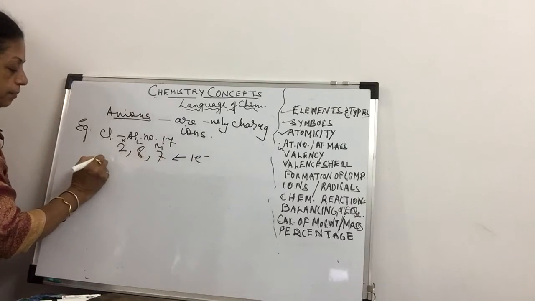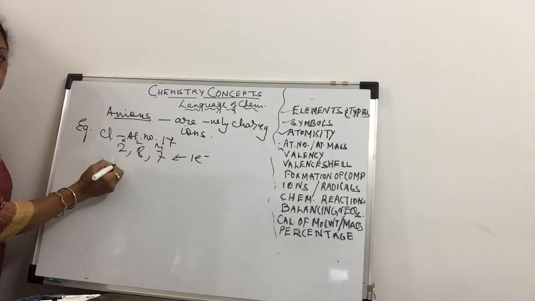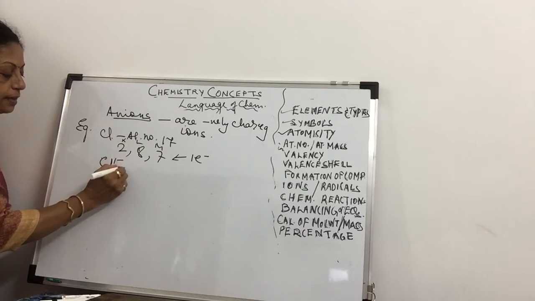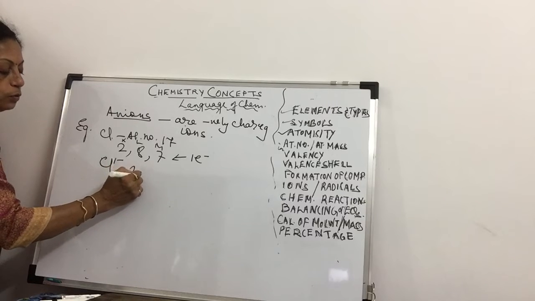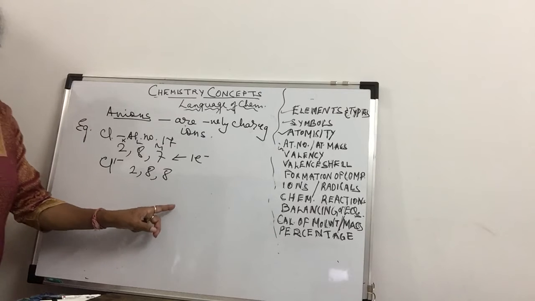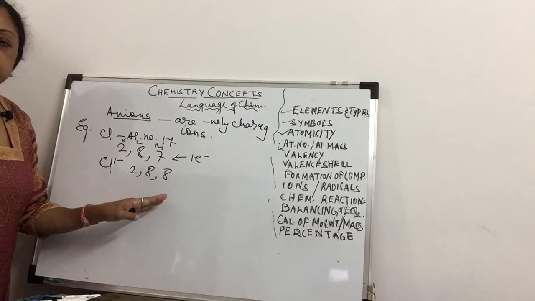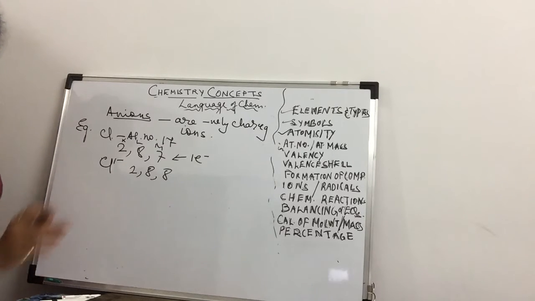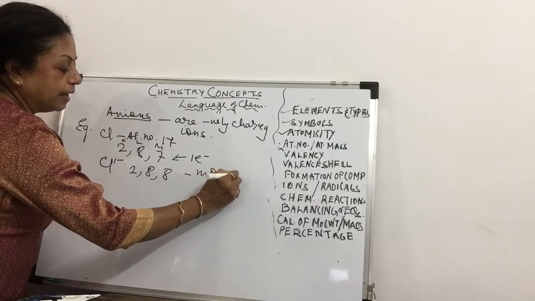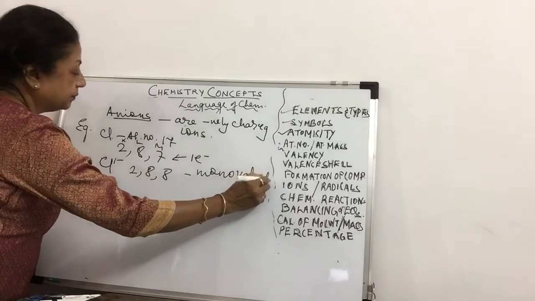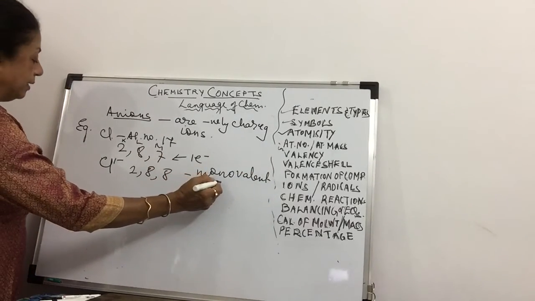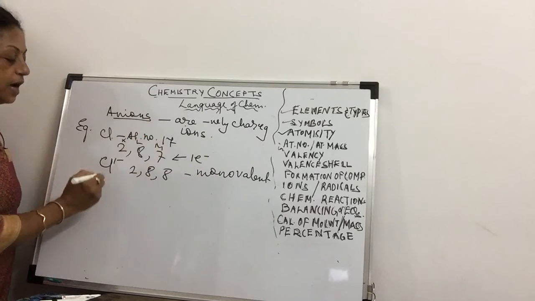After taking one electron, it will become chlorine 1 minus, and the electronic configuration will be 2, 8, 8. The last shell is completed with 8 electrons. This is a monovalent anion, or a monovalent negatively charged ion.